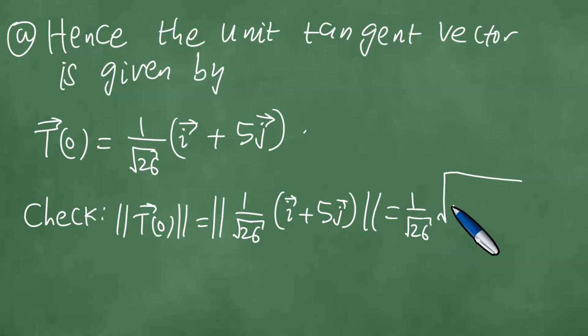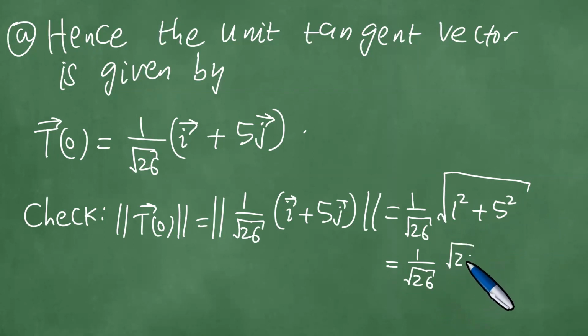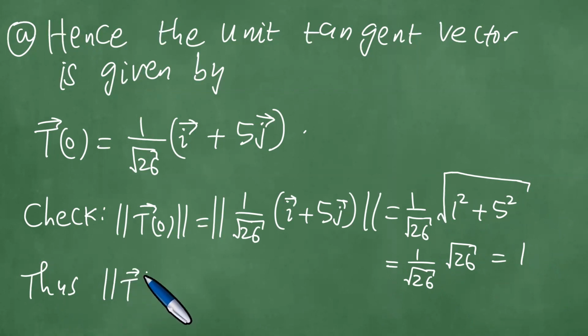So the coefficient of the vector i is 1 squared plus 5 squared, so this is 1 over the square root of 26 times the square root of 26, which is 1. And thus we have that the actual length of this vector is 1 unit.